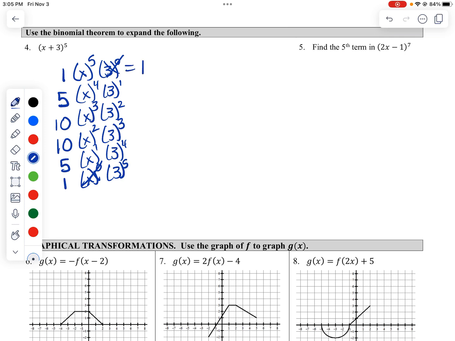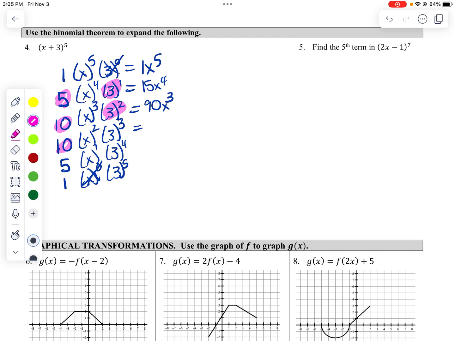So if we multiply this out, this is just 1x to the 5th. 5 times 3 gives us 15x to the 4th. Here we would have 10 times 3 squared, so 90x to the 3rd.